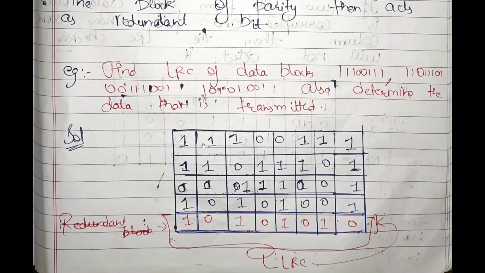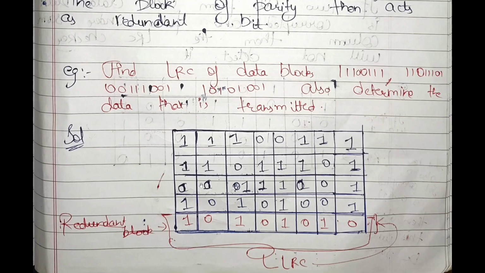Look here, these were the blocks of bits. They are going to be organized in rows and columns like 1 1 0 0 1 1 1. The first block is here, the second block is beneath it, the third one is beneath that one, and like this they will be organized.